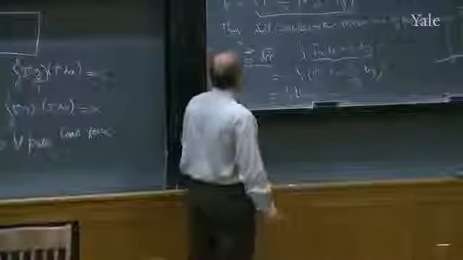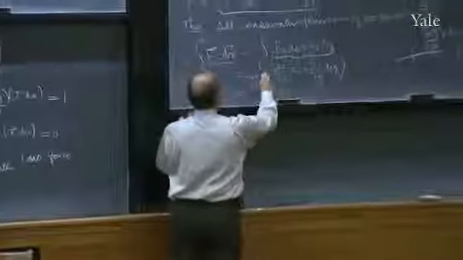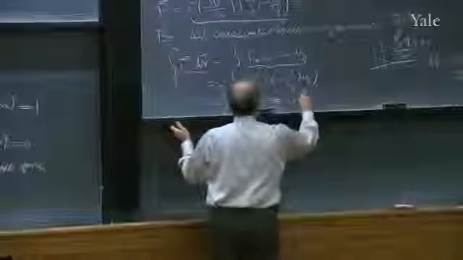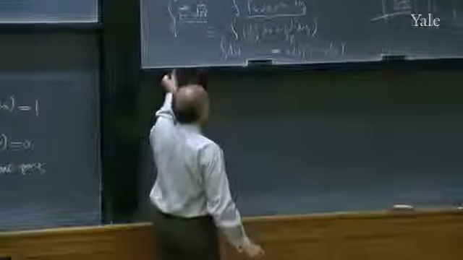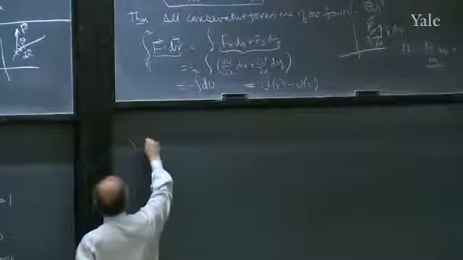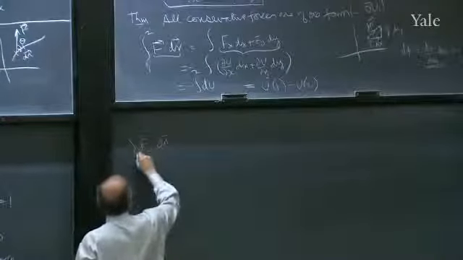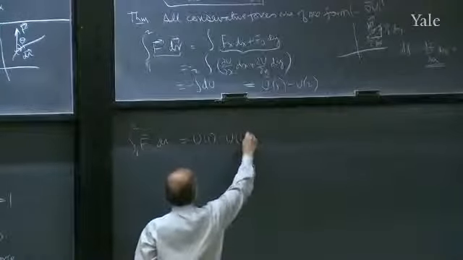It follows then that if you add up all these F dot dr's from 1 to 2, this integral will give me u1 minus u2. Therefore, the integral of F dot dr from 1 to 2 is u1 minus u2.